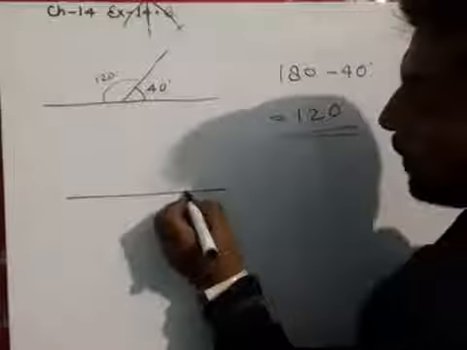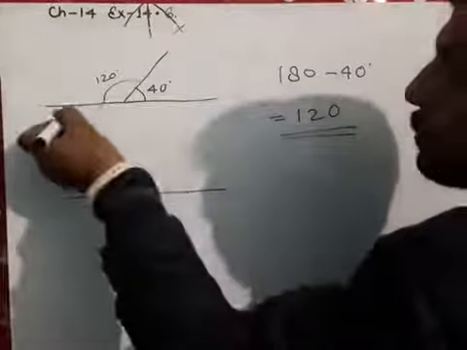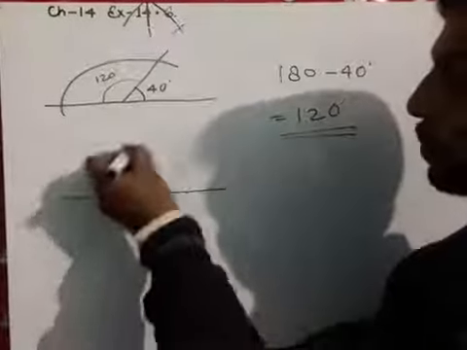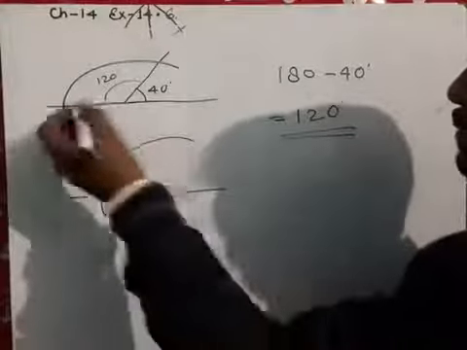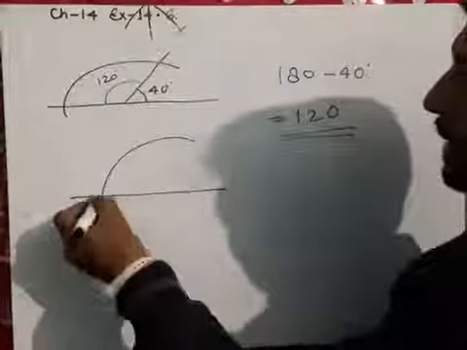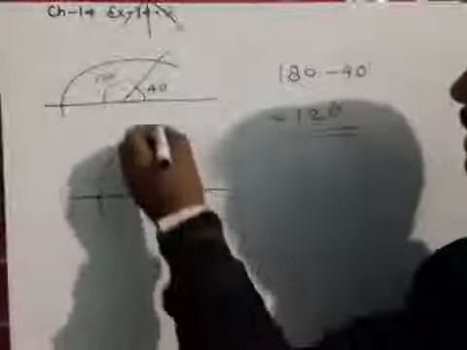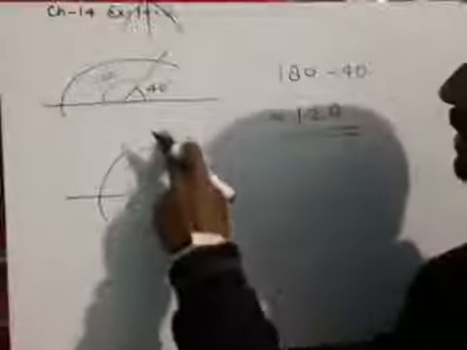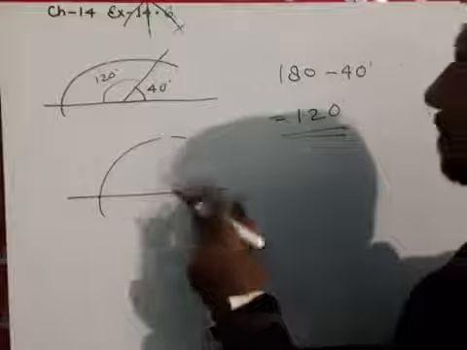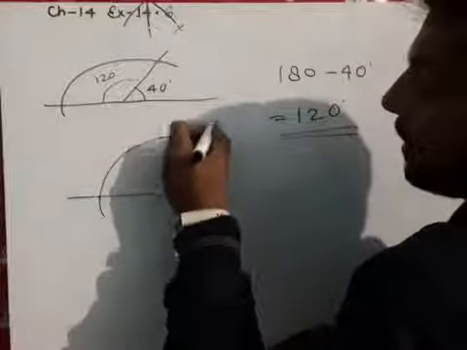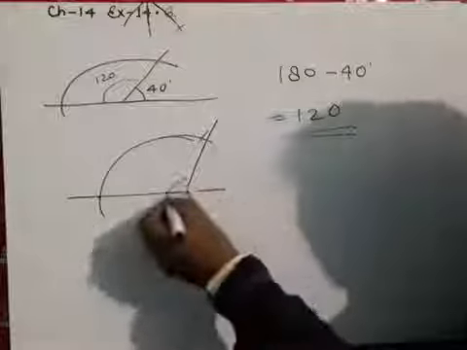Draw one line segment, take one point, and mark one arc. By the same distance make one arc, and then take the distance between these 2 points in your compass, and by the same distance make one arc, and now join this point. The point is given here, and now this becomes the supplement angle.